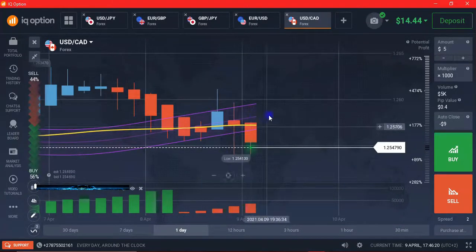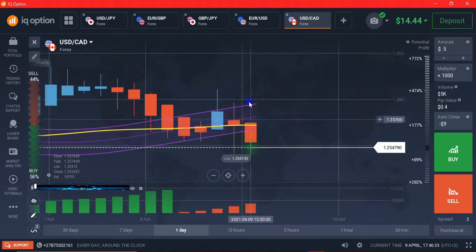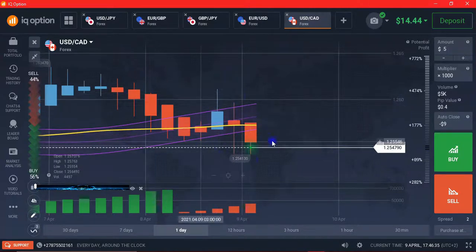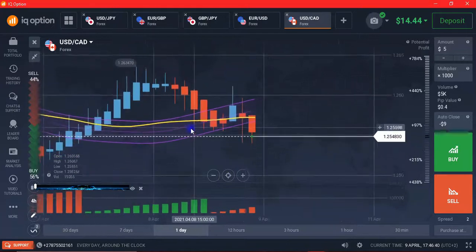If it starts below this band, then I'm going to put a sell order, because already this graph is showing us there's going to be a downtrend. So that's what I'm waiting for right now, guys.